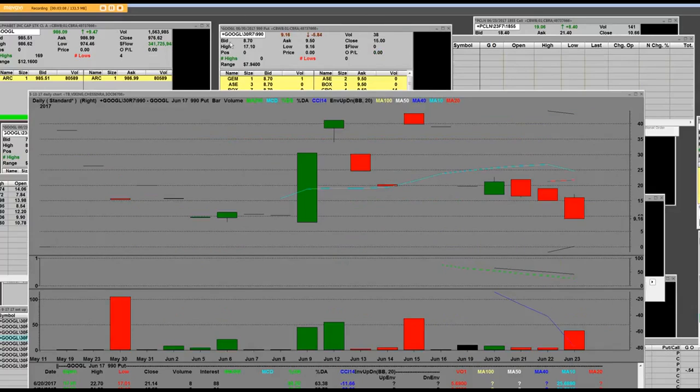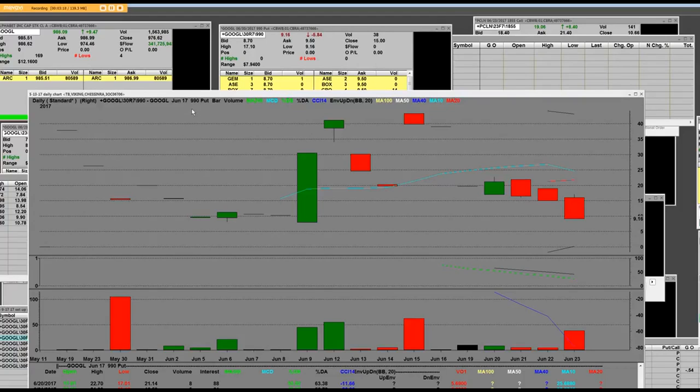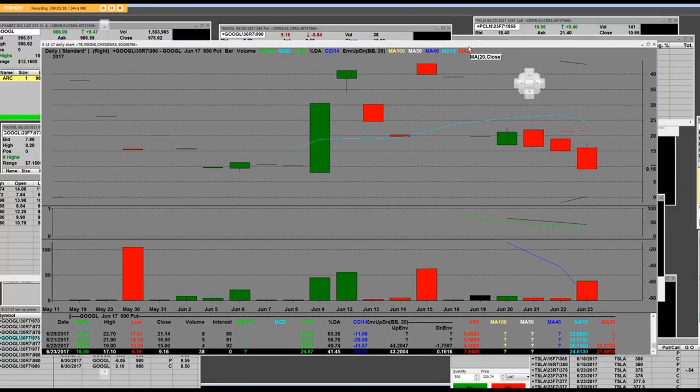Here we go, everybody. You got a 630 2017 990 put. Now, what I am going to show you right here is this 990 put chart on Google, and expires on 630. It's totally deflated. The value is totally deflated versus the other values that I showed you on the 975.